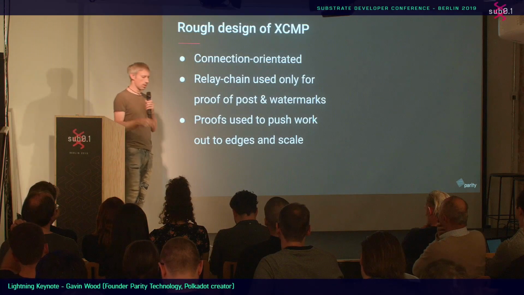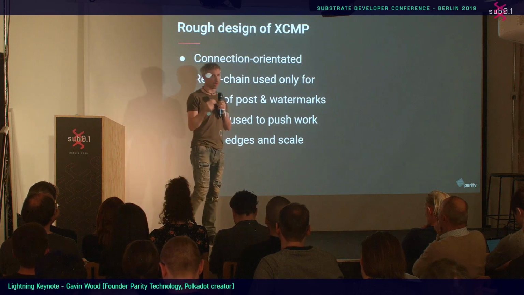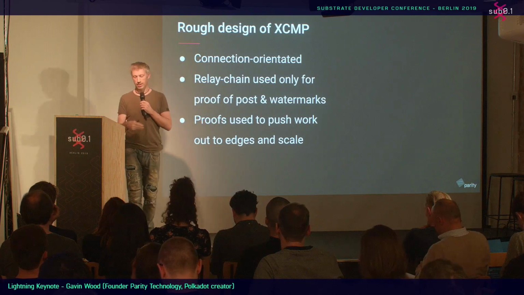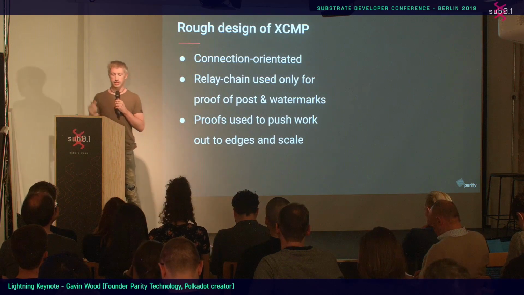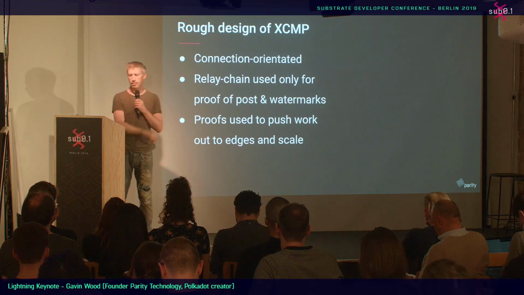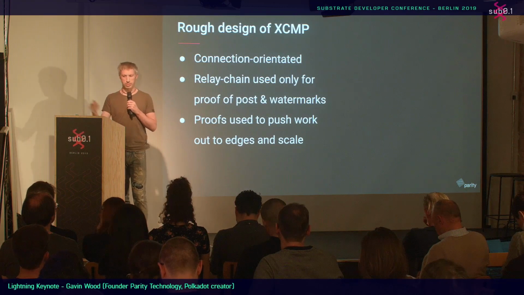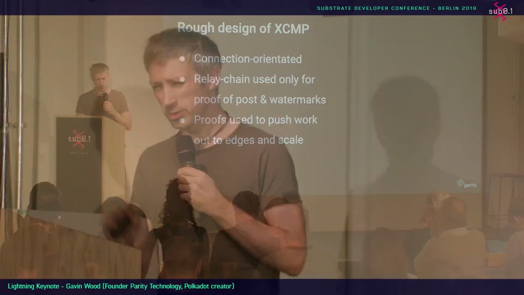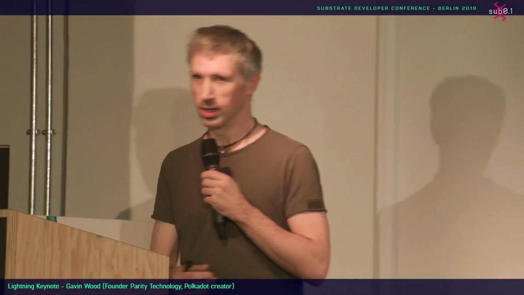It's only used basically to provide a top level Merkle root in order to provide eventually proofs to the parachains that a message was posted at some previous time, or that essentially it must have been received or delivered at some previous time. So it's used really just to record very, very indirect high-level information, and it's not the sort of thing that's going to cause it to become a bottleneck for the sorts of numbers that we're talking about.